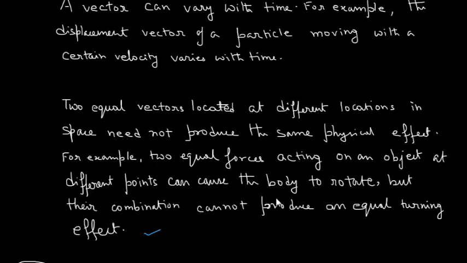Two equal vectors located at different locations in space need not produce the same physical effect. For example, two equal forces acting on an object at different points can cause the body to rotate, but their combination cannot produce an equal turning effect.